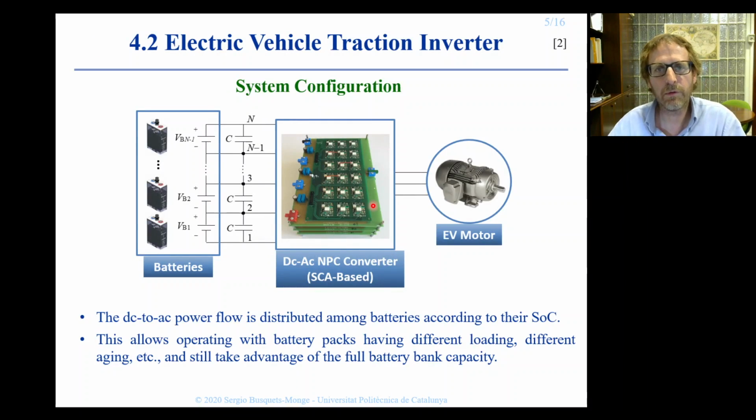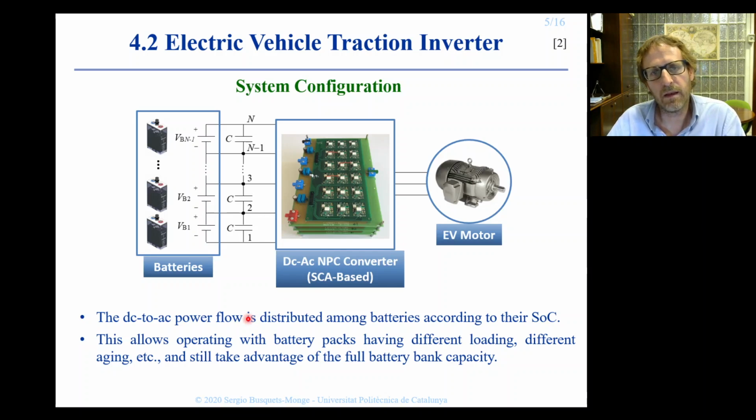And now we will move to the second application, which is an electrical vehicle traction inverter using a multi-level NPC converter. Basically, here we configure our battery bank with a series connection of battery packs, and then we connect a multi-level NPC three-phase inverter to drive the electrical vehicle motor.